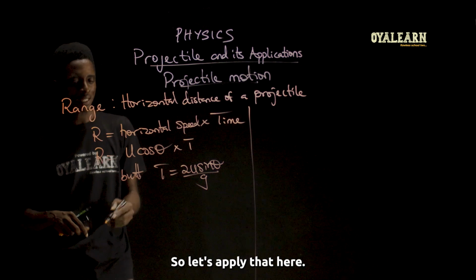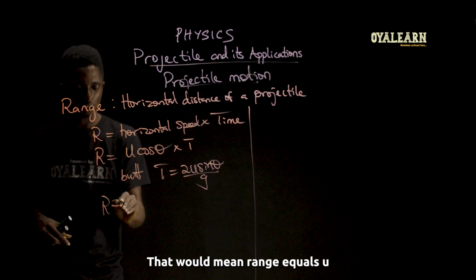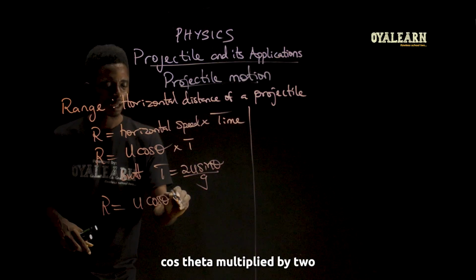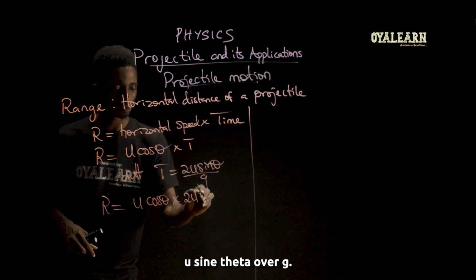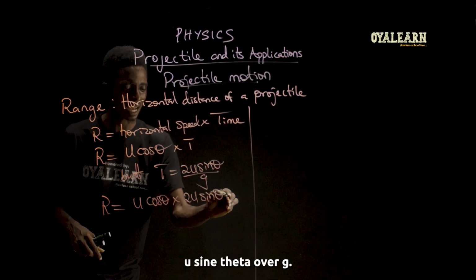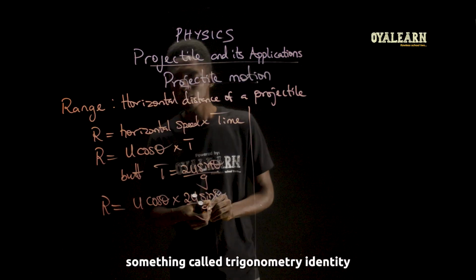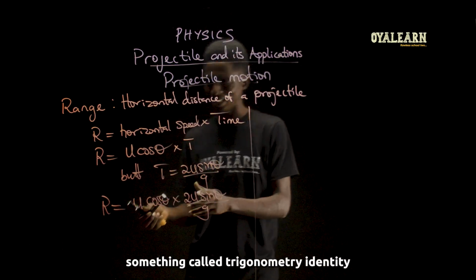So let's apply that here. That will mean range equals u cos theta multiplied by 2u sine theta over g. Now there's something you will see here, something called a trigonometric identity.